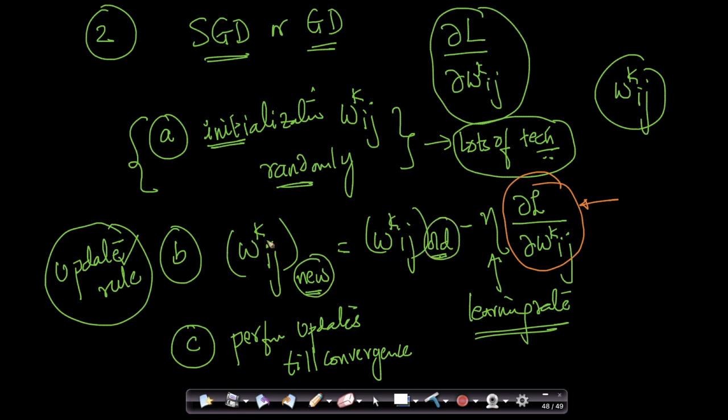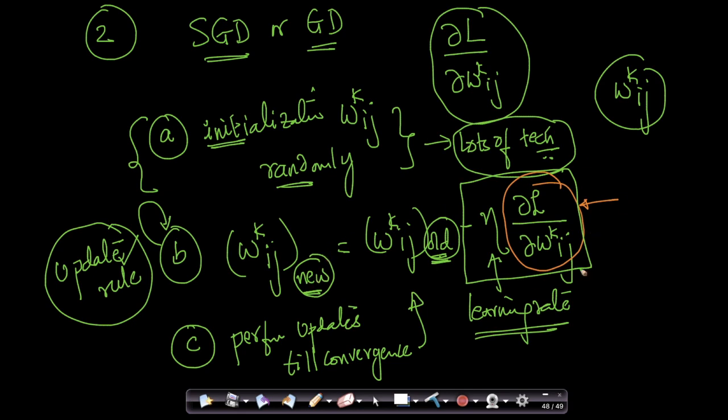Because this is an iterative algorithm, you keep doing this step over and over again till the difference between old and new becomes extremely small, or in other words, this becomes very close to 0. Till then, you keep updating your Wkijs. That's what convergence means.